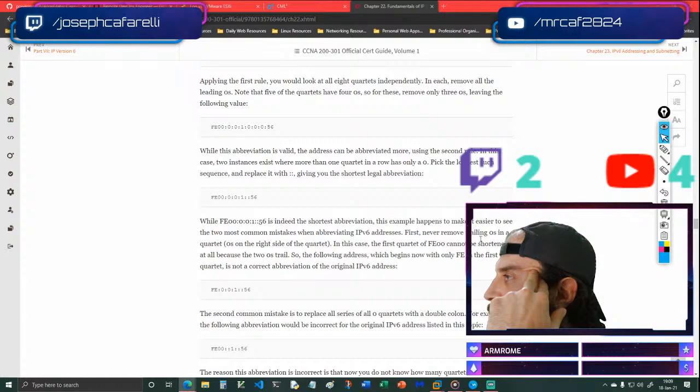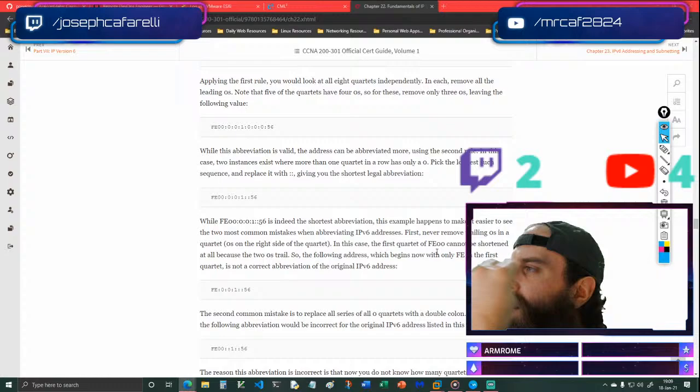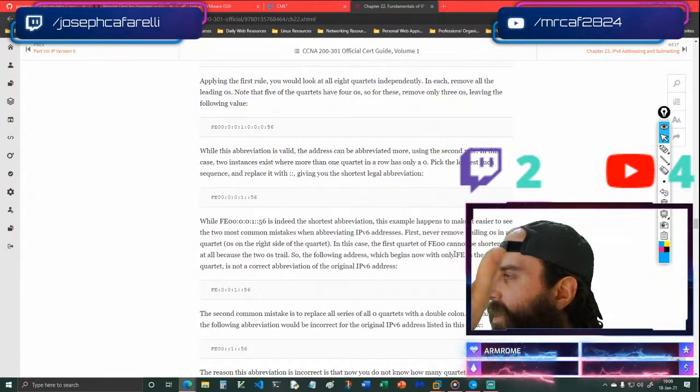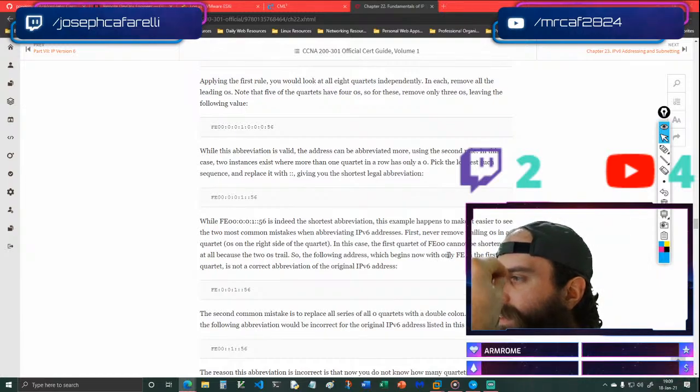First, never remove trailing zeros. In a quartet, those are zeros on the right side of the quartet. In this case, the first quartet. I can't say octet. Quartet, not octet.